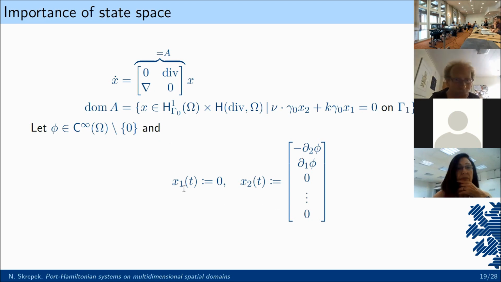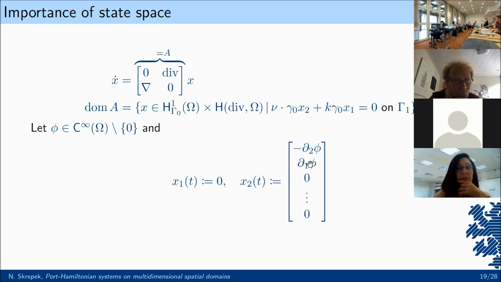We just choose x1 to be 0 and x2 to be this two-dimensional curl operator applied to phi. If we look at the left-hand side and take the time derivative, this is clearly 0 because this is time independent.